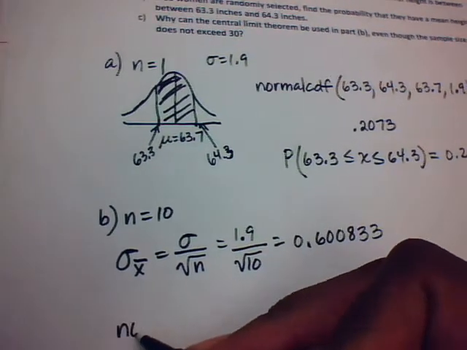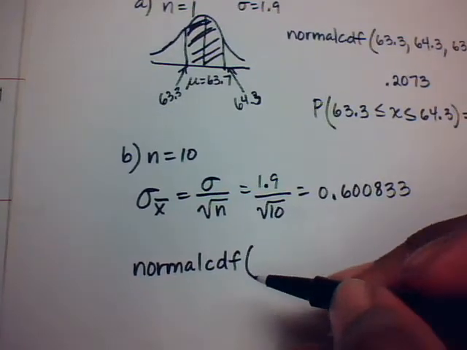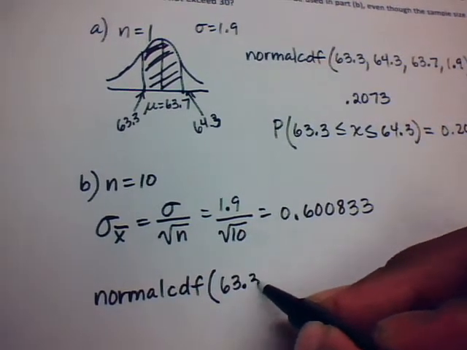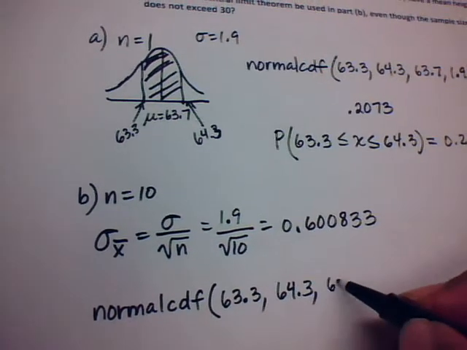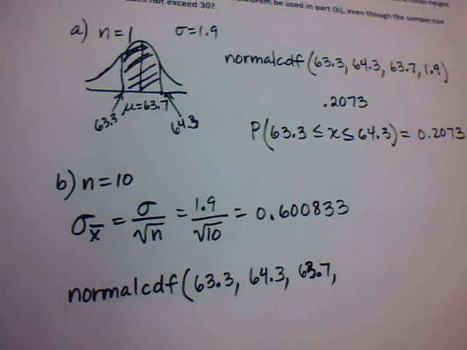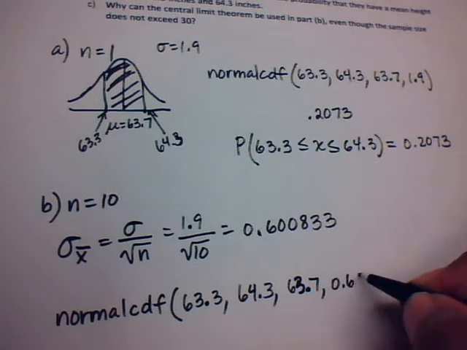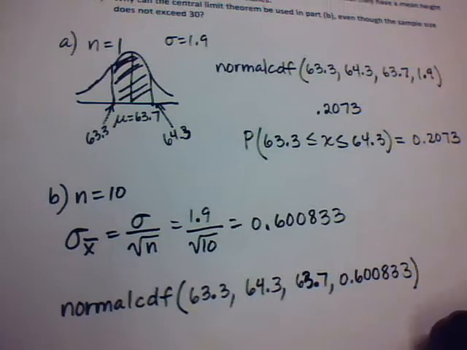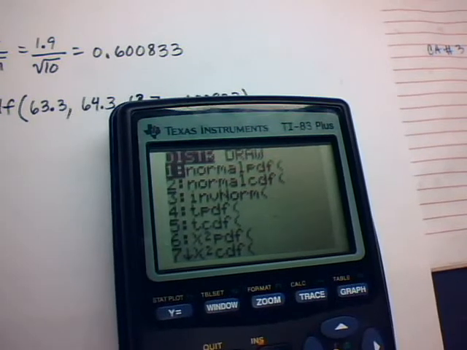Now, we still can use the normal CDF function, but instead of 1.9, now the lower limit is still 63.3. The upper limit is still 64.3. Mu is still 63.7. However, instead of 1.9 as our standard deviation, we have to use 0.600833. So second, and then vars, then select number 2.